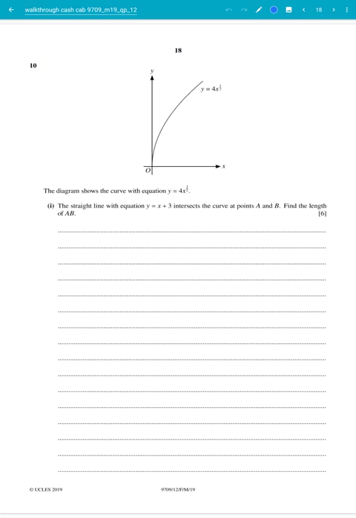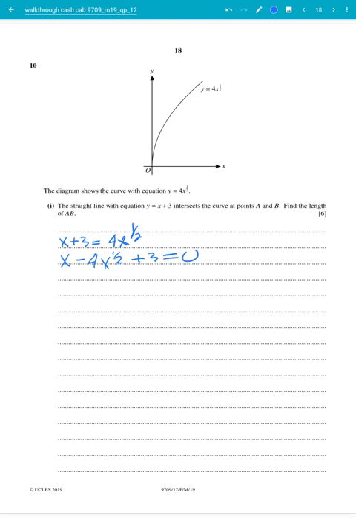So the straight line with the equation y equals x plus 3 intersects the curve at points A and B. So it's just a matter of x plus 3 equaling 4x to the 1/2. Okay, so we've got x minus 4x to the 1/2 plus 3 equals 0.